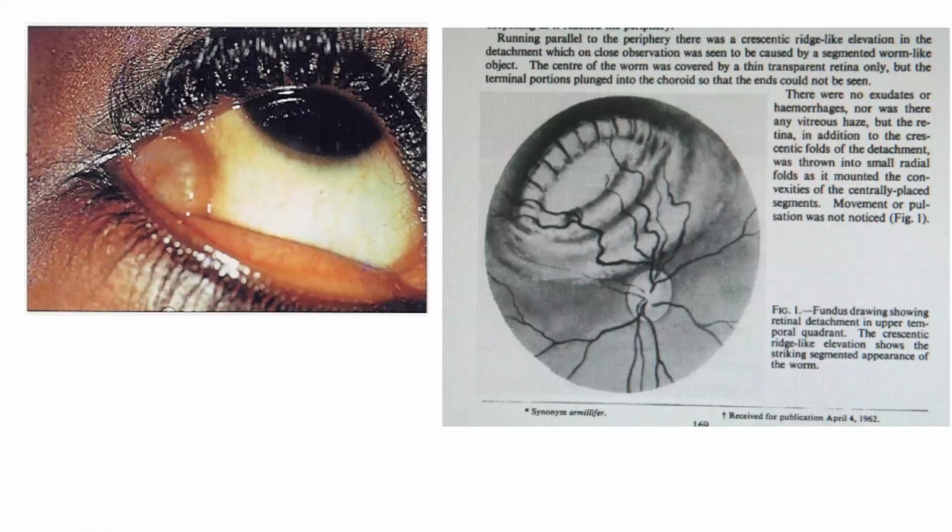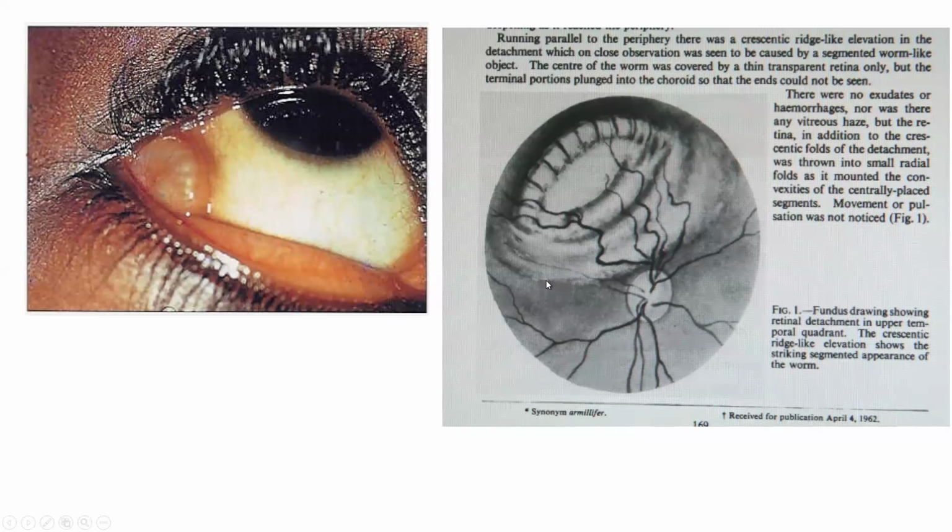So eye infections are well known with these pentastomids. These are not our patients. These are not our cases. These are published ones, but they're subconjunctival. You can see one of these nymphs, and you can make out the segmentation.